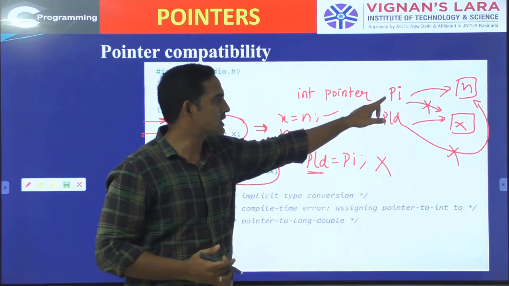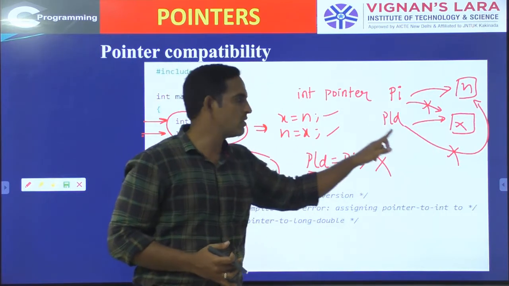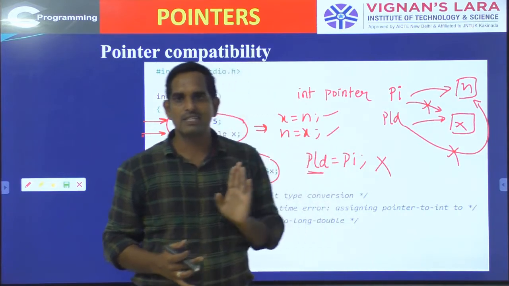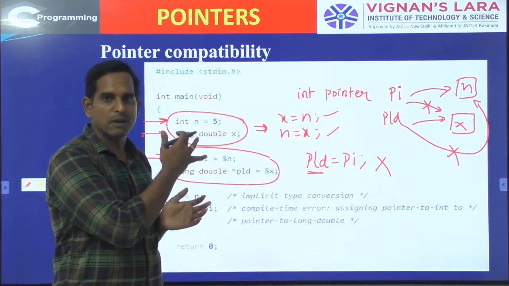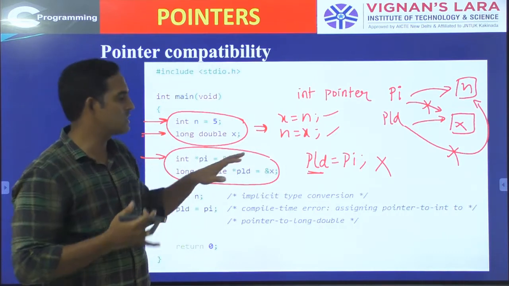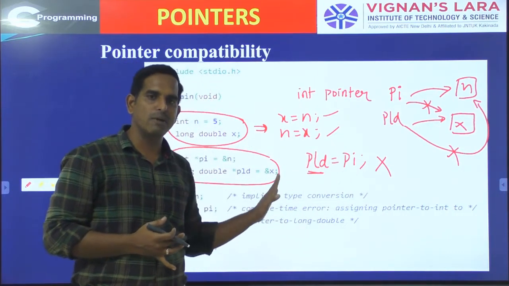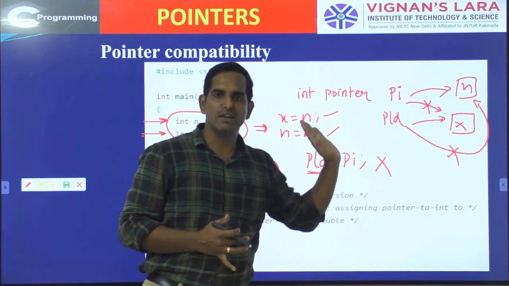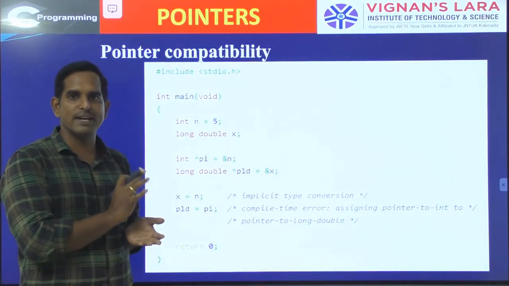An integer pointer cannot point to a long double value, and a long double pointer cannot point to an integer value. So this is type compatibility. These are incompatible operations, where one pointer cannot be assigned to another pointer of a different type and cannot point to a different type of value.